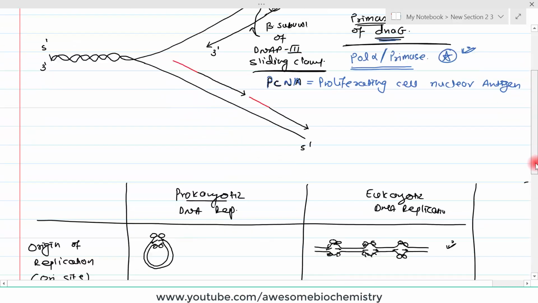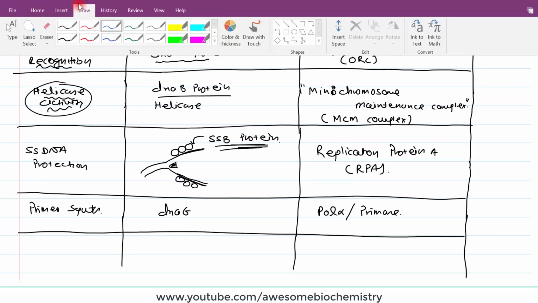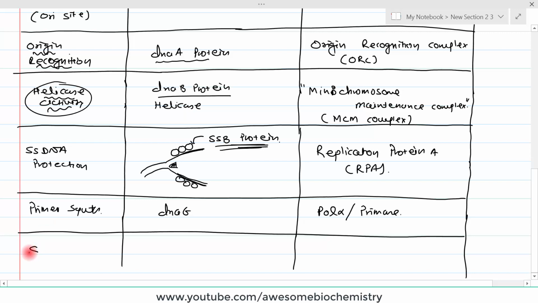Let's write this also in the table. So the sliding clamp, in case of prokaryotes, is carried out by the beta subunit of DNA polymerase 3, whereas in case of eukaryotes, it is carried out by PCNA, that is proliferating cell nuclear antigen.